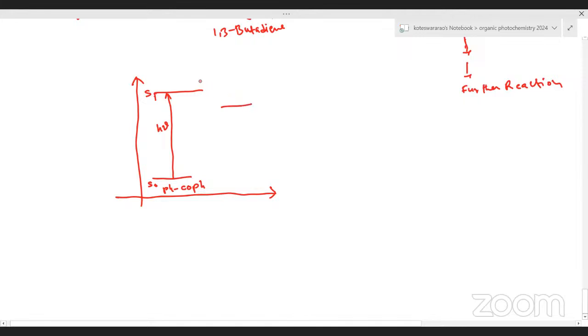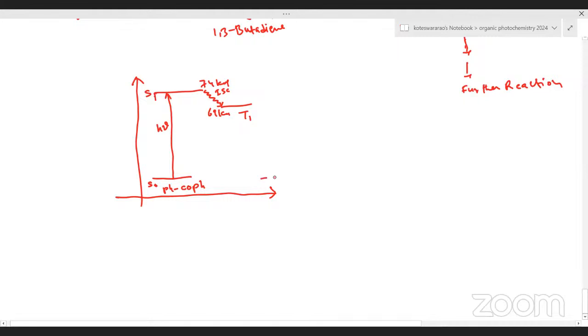It is with 74 kilocalories. It is with 69 kilocalories. Now it undergoes intersystem crossing. This is the T1 state. Now look at it.